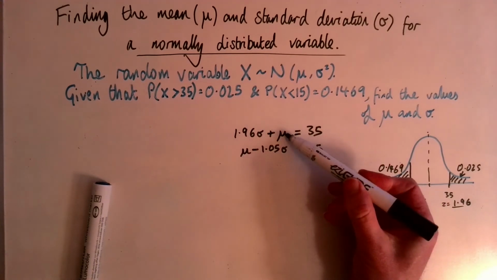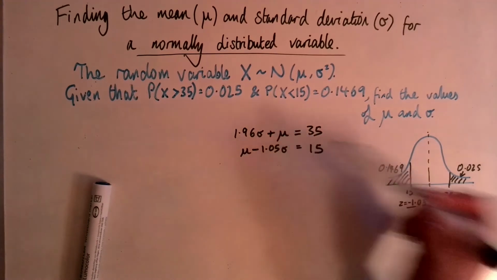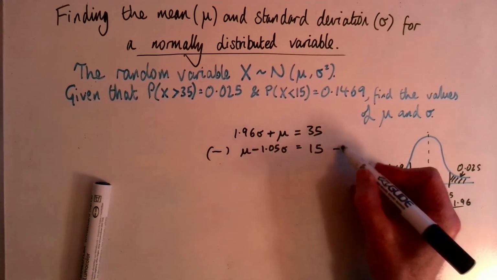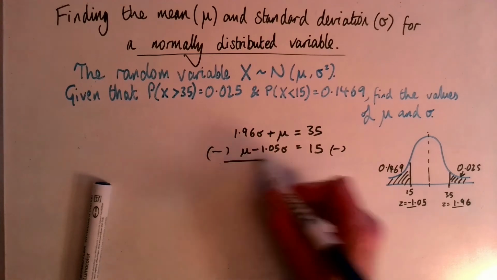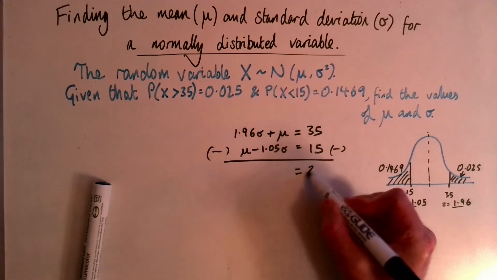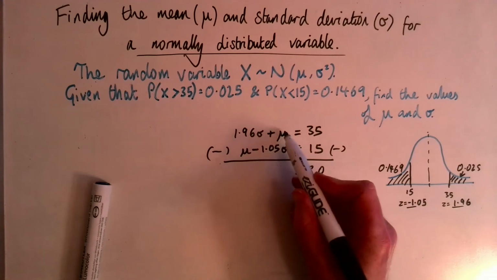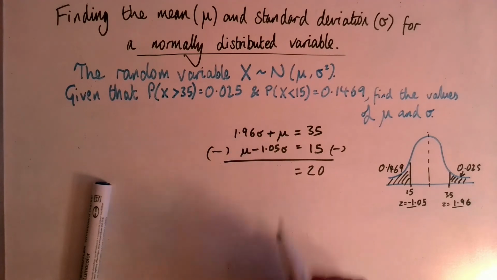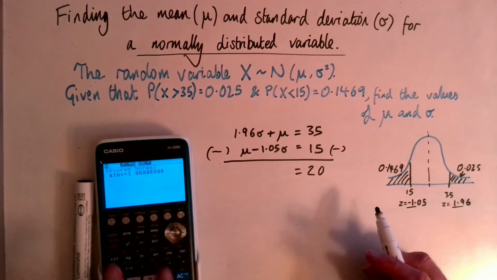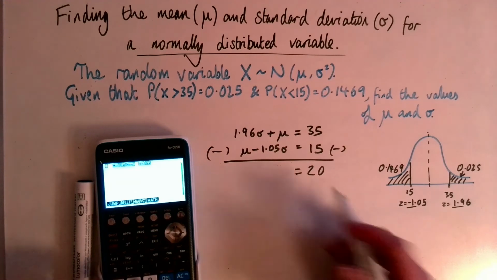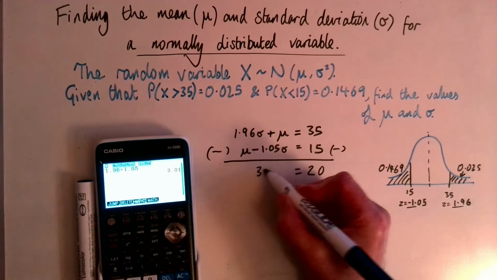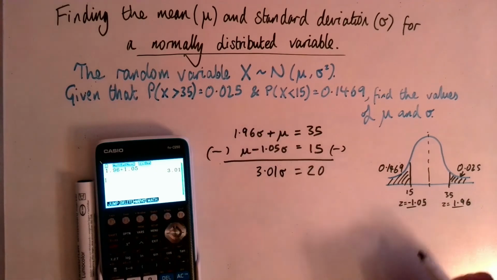Now, as we've got plus the mean there and plus the mean there, if we subtract the bottom equation from the top, 35 take 15 is 20. Mean take the mean is nothing. 1.96 take negative 1.05 is going to be, forgive me for using the calculator here, 1.96 plus 1.05, which is 3.01 standard deviations.